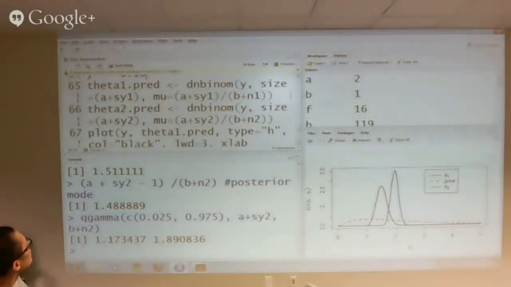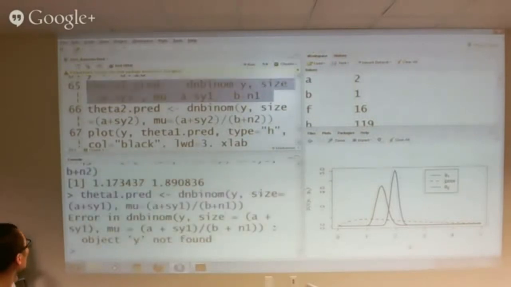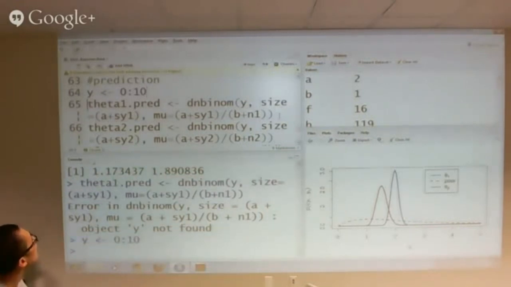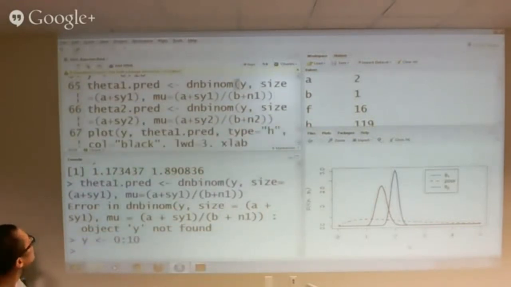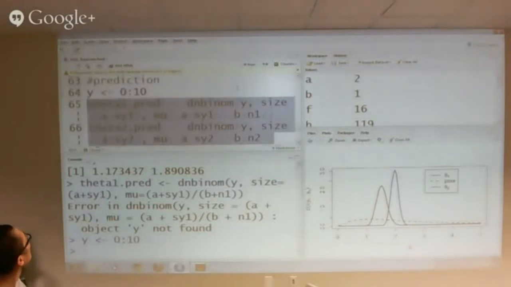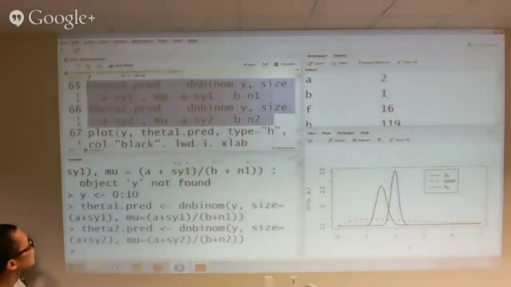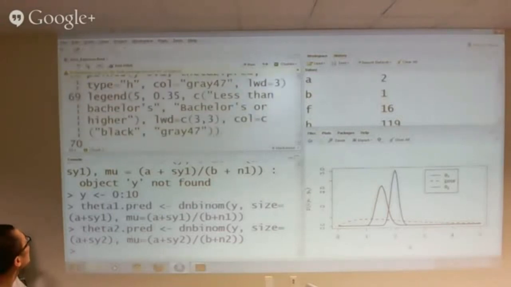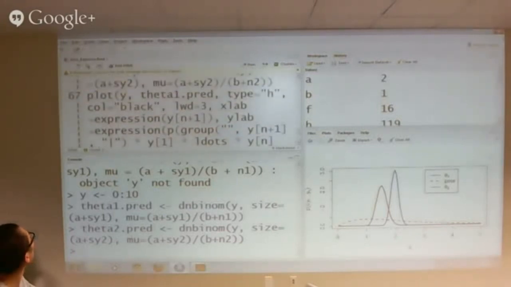And then, oops, I didn't run this, sorry. Right. So this is the prediction for theta 2, and then we're going to plot these two to see. All right, let me just run this together.